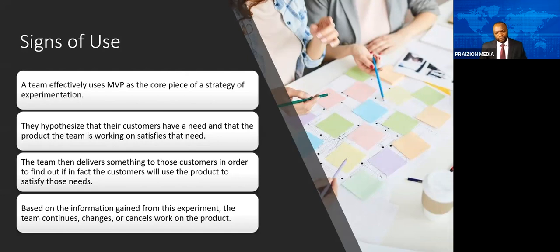And if they do, then you're in the right direction. So based on that information gained from the experiment, the team continues, note the word changes again, or they might even cancel work on the product. So these are ways you need to be thinking in the world of Agile. Change is not bad. If it is going to satisfy the customer, it's not bad.